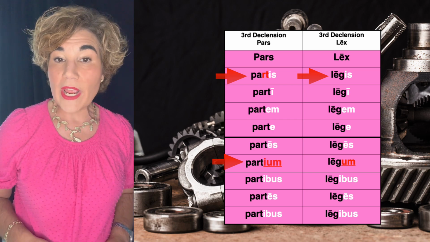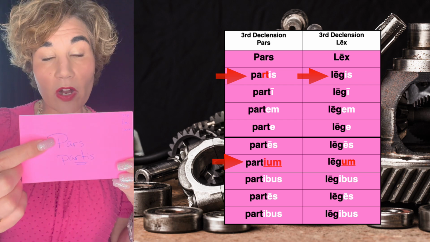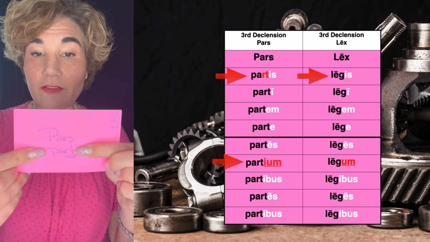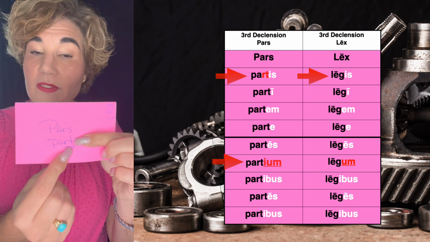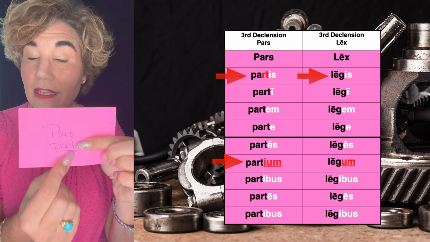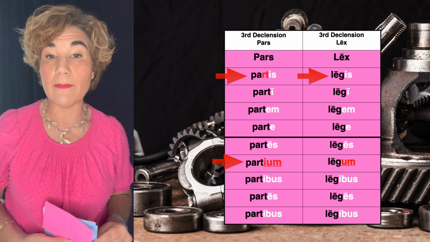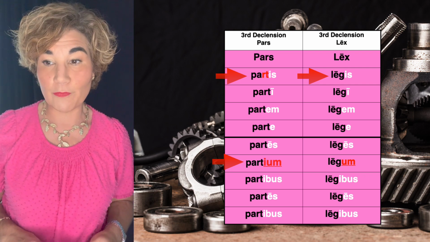So we have our first word, which is pars in the nominative and partis in the genitive. If you cover the is ending, you get your stem, but you also get the two consonants, which shows us we're going to use IUM in the genitive plural.